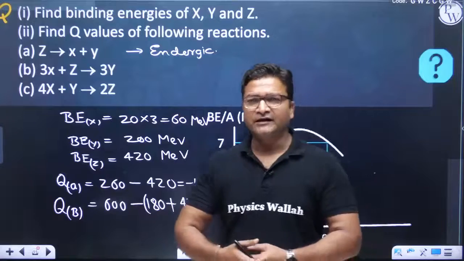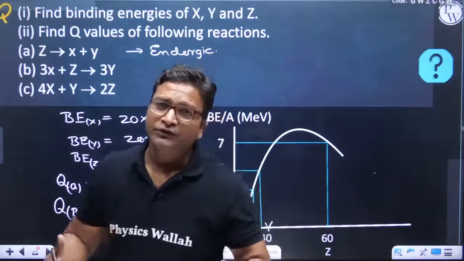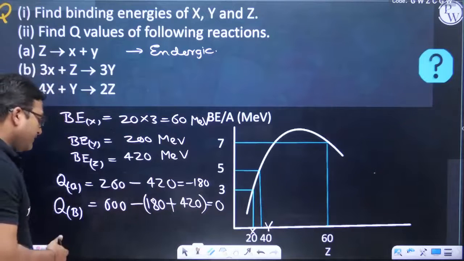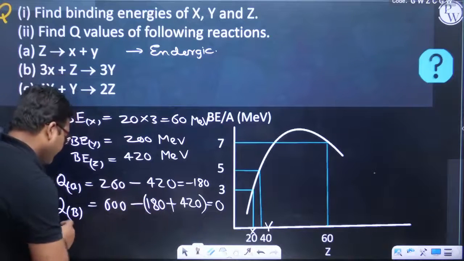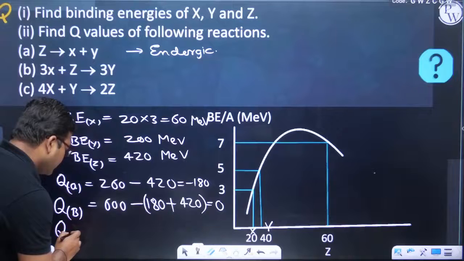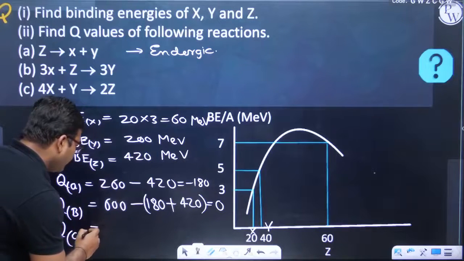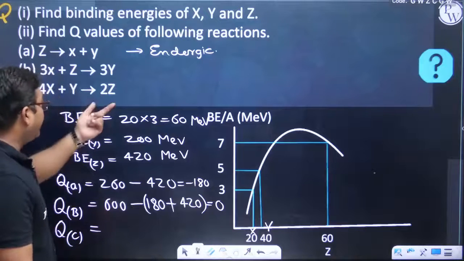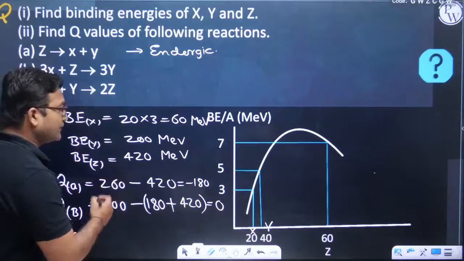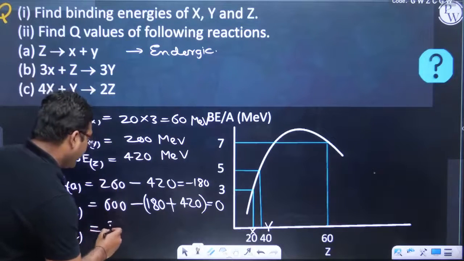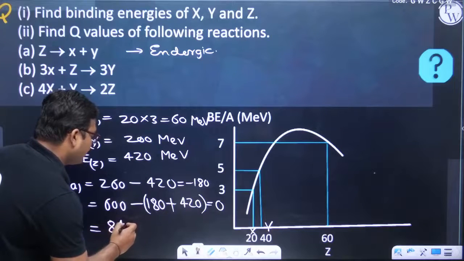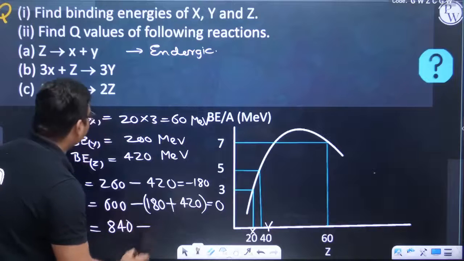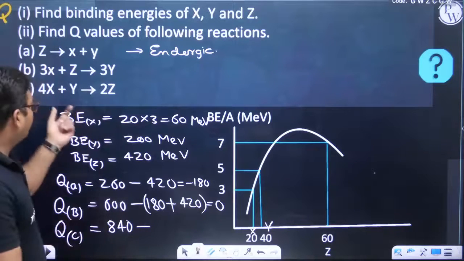This reaction again is of no use if we want to use the energy produced by the reaction. And if we talk about the third option, C, the product is 2Z. So the binding energy of product is 2Z, and 2Z would be 840, twice of 420 is 840, binding energy of product minus binding energy of reactant. Here we have 4X.